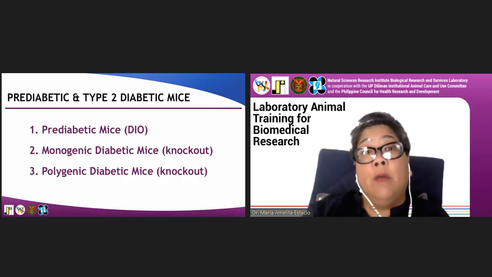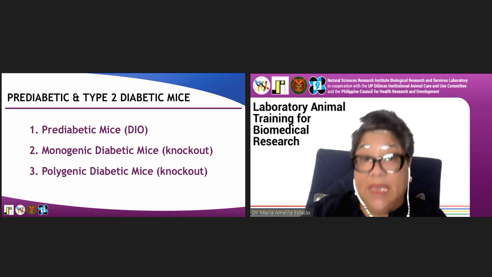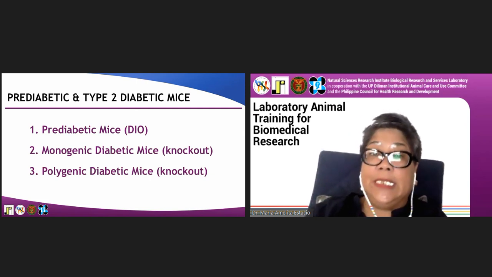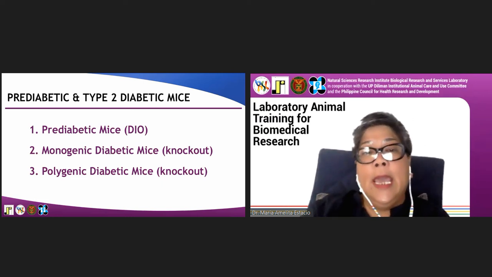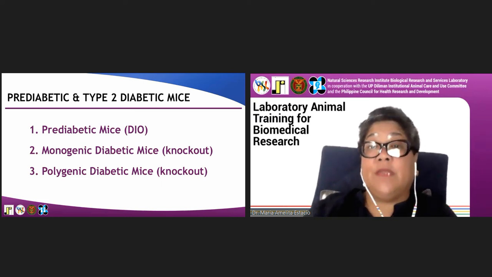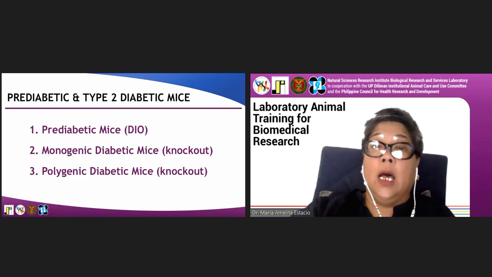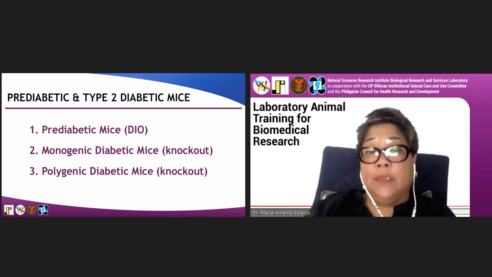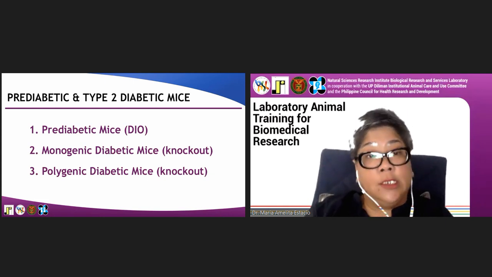Now, there is also a model for pre-diabetes, and these are the diet-induced obesity mouse model. And we do have several types of type 2 diabetic models. So they are classified as the monogenic and the polygenic diabetic models.